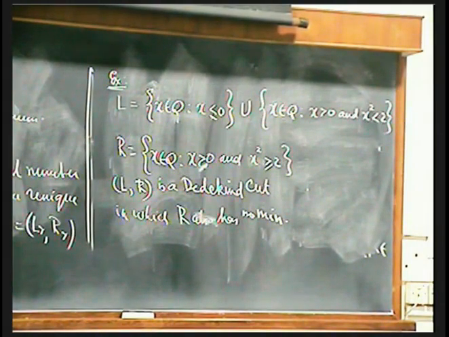A Dedekind cut partitions the rational numbers into two parts, the left part and the right part. The left part has no maximum. The right part may or may not have a minimum. Everybody in the left part is smaller than everybody else in the right part. That's the Dedekind cut.